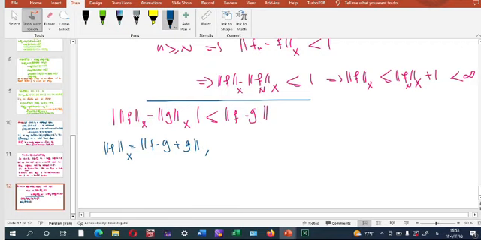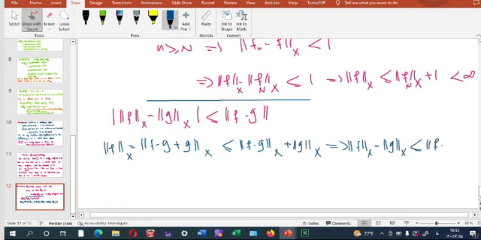Okay, this is less than or equal to this norm by the triangle inequality, so that this norm minus this norm is less than or equal to this.